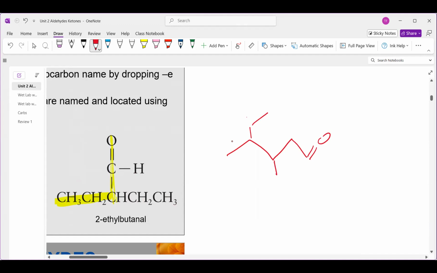Okay, so let's name that. Carbon chain first that contains this. So it's always good to just start with the functional group. Then you know it's going to be included. Now here we can go left or right. Which way should we go? Right, because we go to the right, we get two carbons. We go to the left, we get one carbon.